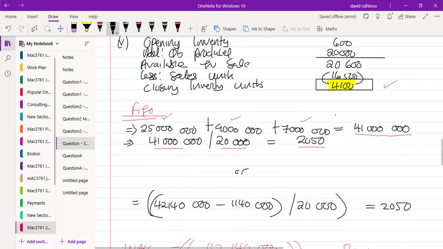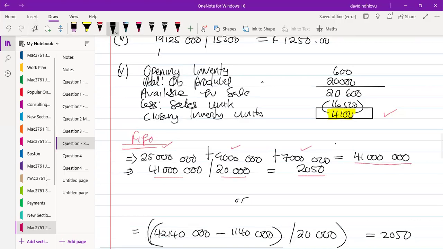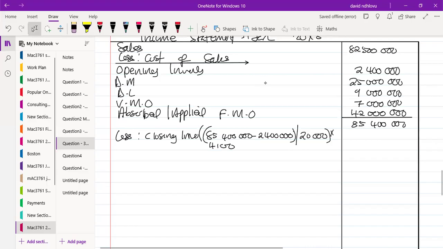The number of units in closing inventory does not change. It remains the same. But because we've got a different figure here after including the fixed overhead, we need to recalculate the cost per unit by simply saying the total, which is 8.5. If I'm using FIFO, I don't want this cost here. I remove it. Then I'm left with the current production cost divided by 20, multiplied by that. So that's my calculation there. Any question there?